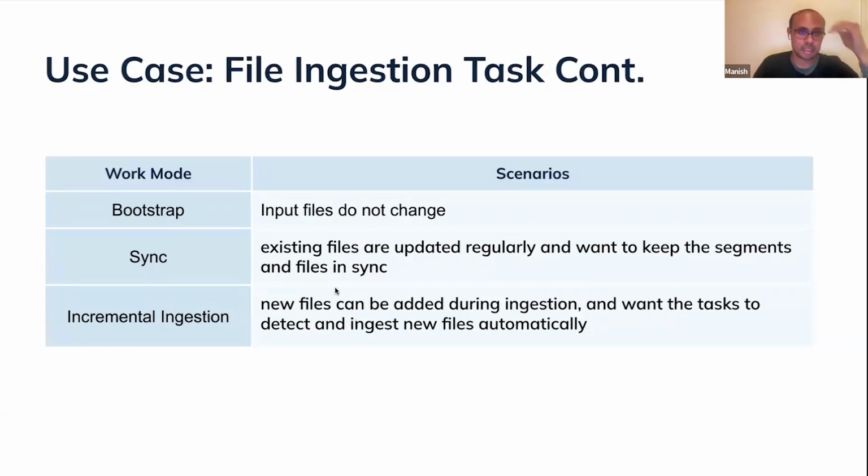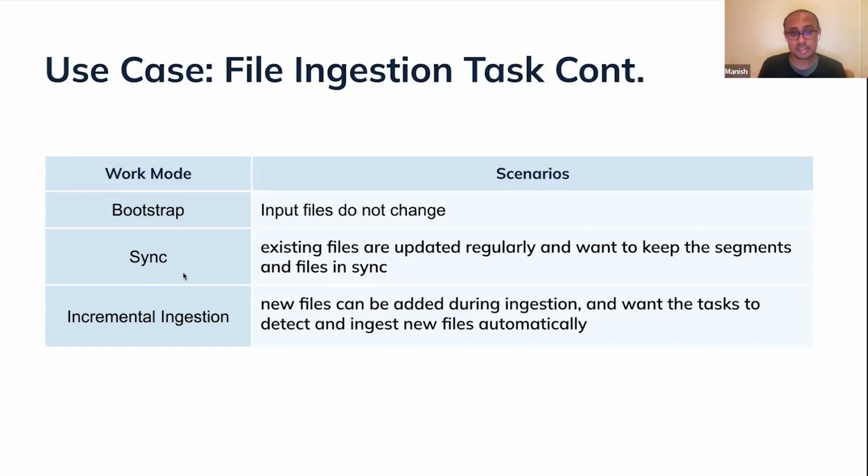Just continuing a little more. There are broadly three categories, three modes for this task. We use this to do bootstrap. For example, if the customer wants to backfill, or bootstrap, or upload a set of files one time, they can use this task.